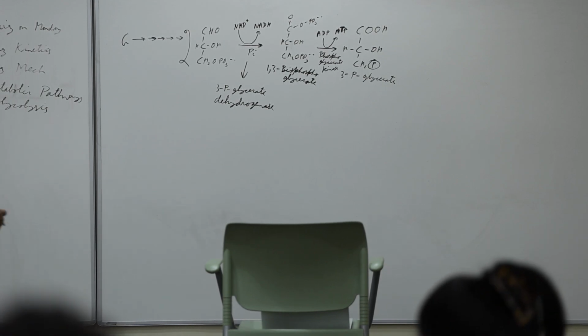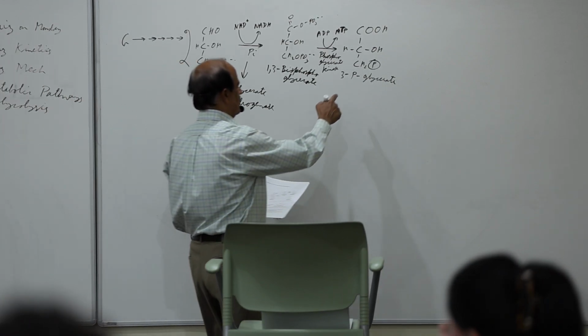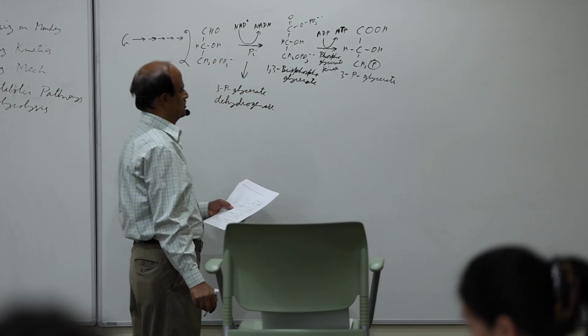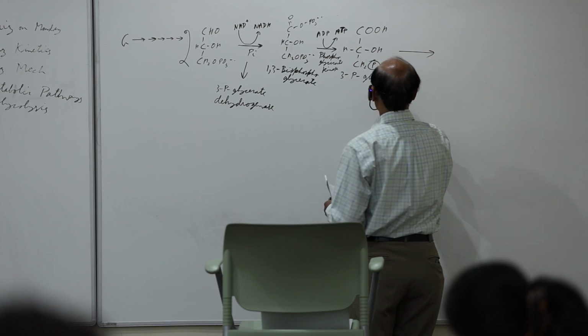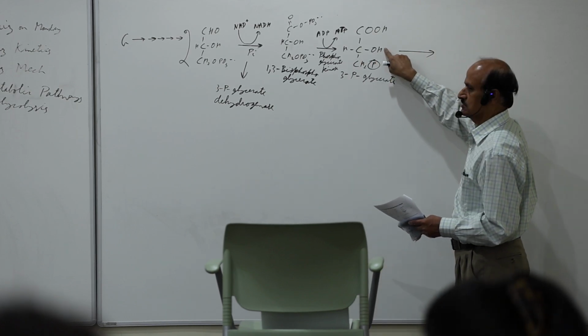All right, so this is where you make 2 ATPs, and in the next step, you are going to move this phosphate from 3 position to 2 position.